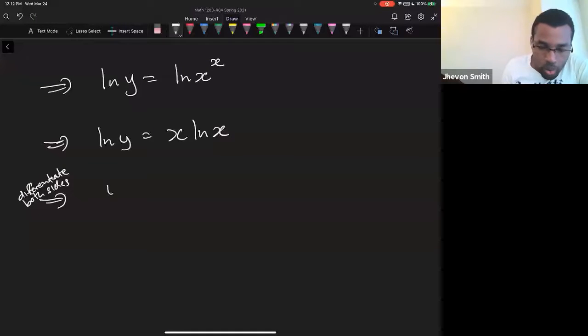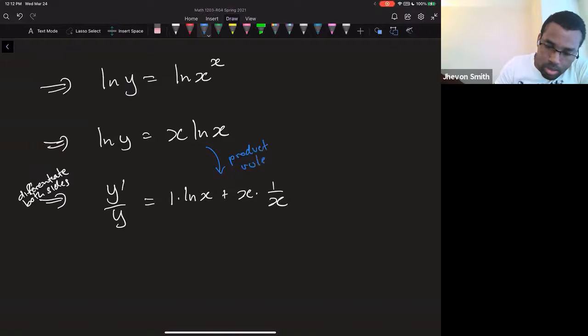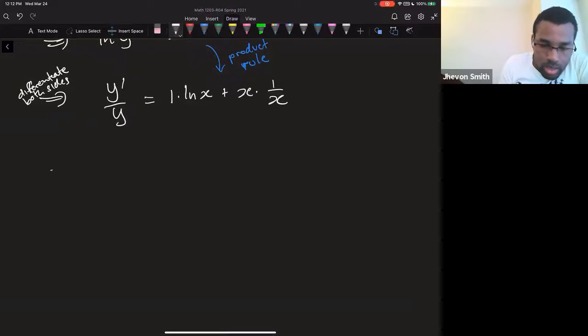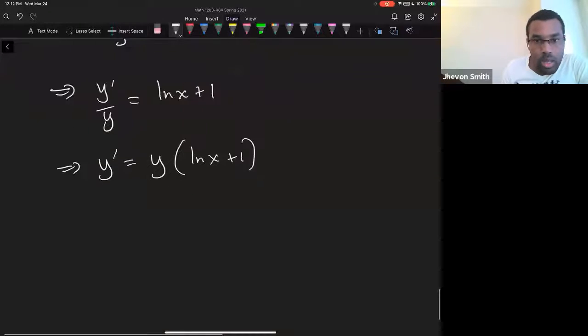Derivative of ln y is y prime over y using our rules. Derivative of this side is you differentiate one thing, leave the other thing, plus you leave one thing, differentiate the other thing. That is product rule. In other words, this means that y prime over y is equal to ln x plus 1. This means that my y prime is equal to y times ln x plus 1.